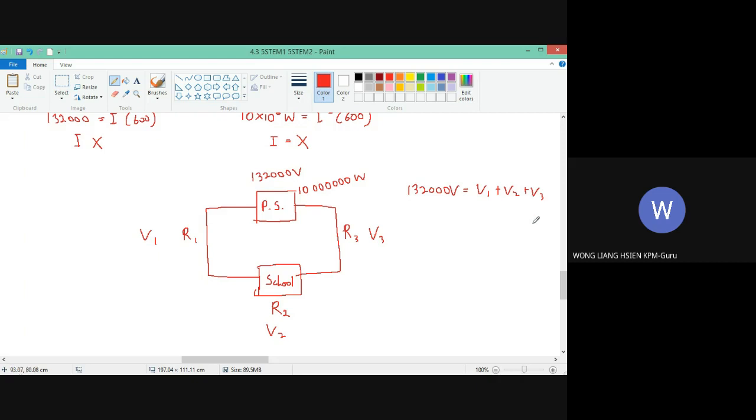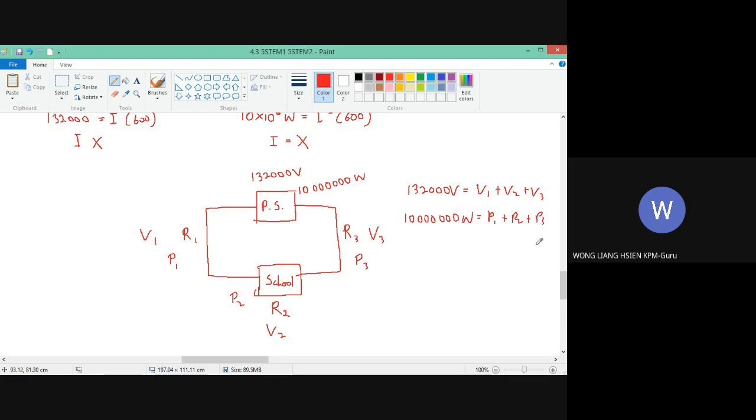Get the idea? Okay, so the power of the cable here, power of the cable here, and power of the spool, all three added together equal 10 million watt. So 10 million watt will be equal to power 1 plus power 2 plus power 3.